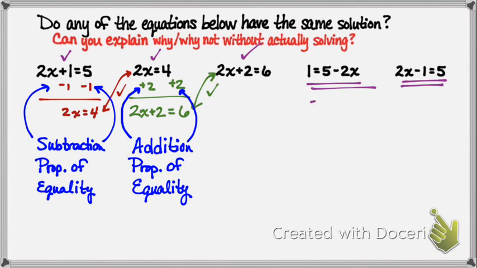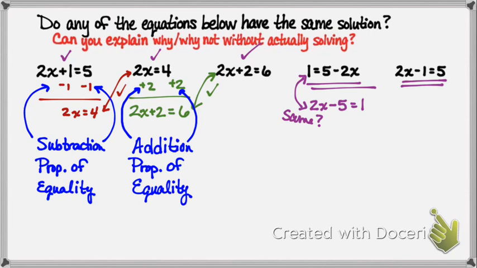So question, 2x minus 5 equals 1. Are these the same? Because if they're the same, then I'm allowed to do that. If they're not the same, then I can't do that. What could we do to test to see if they were the same? Solve it. We could solve it, or we could substitute, right?